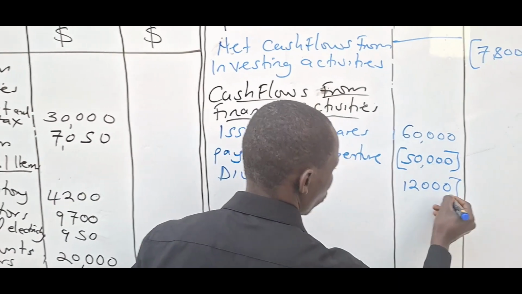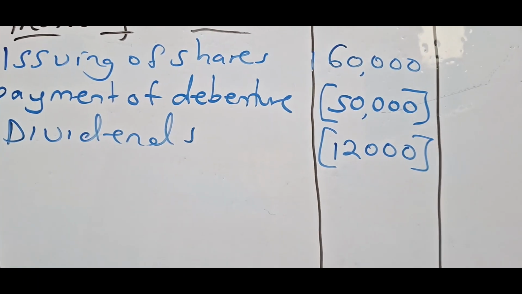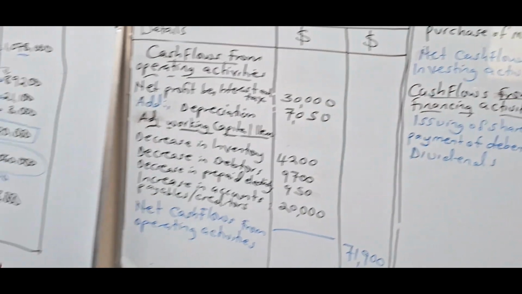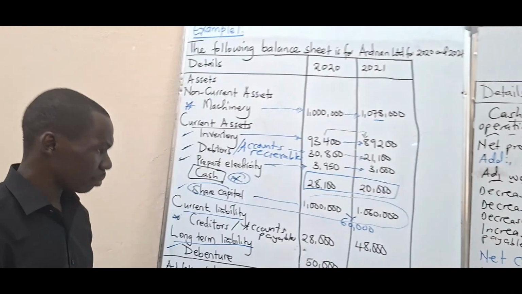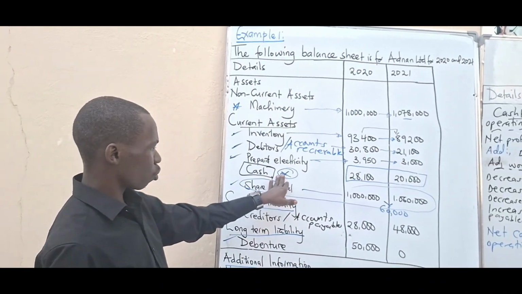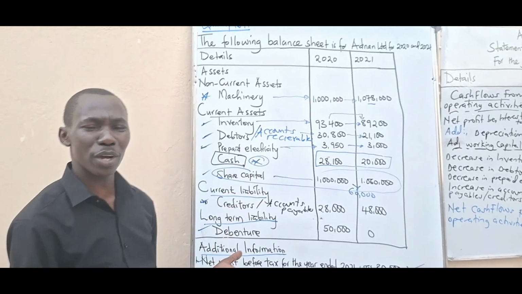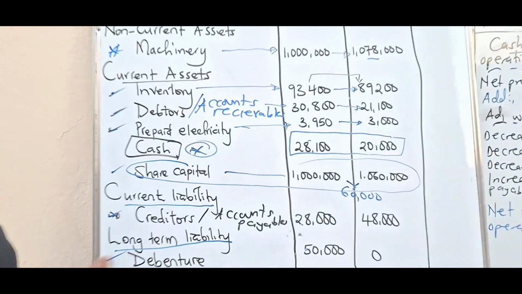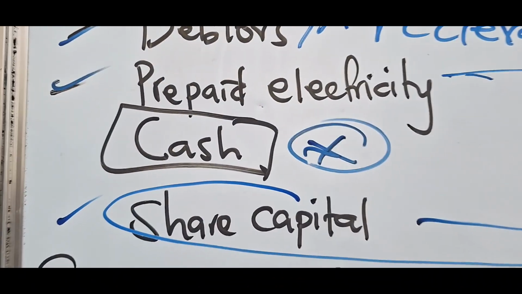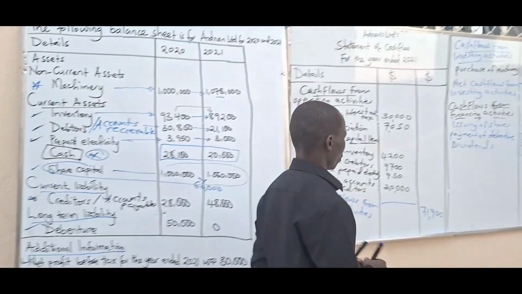Since you are going to pay shareholders, that is treated as a cash outflow. Money is going out of the business. Now we have not left any item unrecorded except cash. We are not adjusting cash because we are looking at the cash movement, the money we started with, and the balance. Then we shall get to know how the money was moving within a given period.